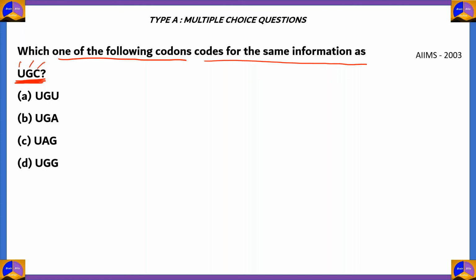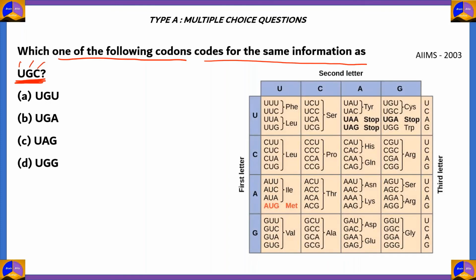So we have a table of the codons present in mRNA. And as you can see over here, UGC is for CYS. So that means cysteine is the information that UGC codes for.